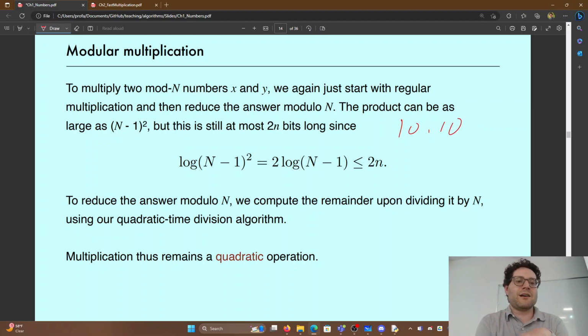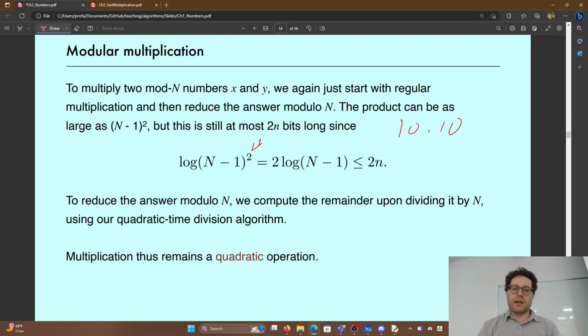The product can be as large as 11 minus 1 squared, but it's still at most 2n bits long, because when we do that squaring operation, we bring it down to 2 log n minus 1, and that's going to be less than or equal to twice the number of bits that we need.